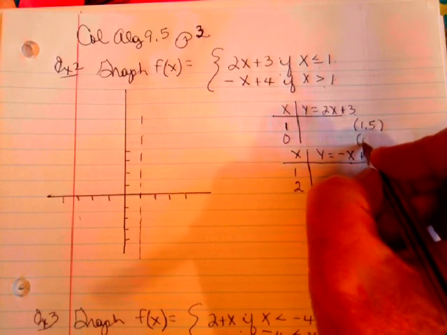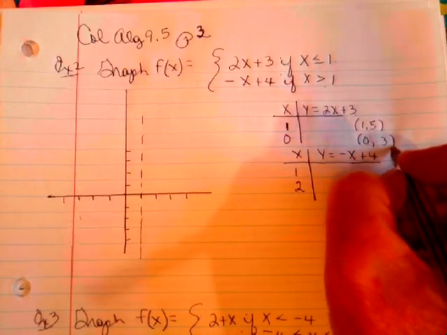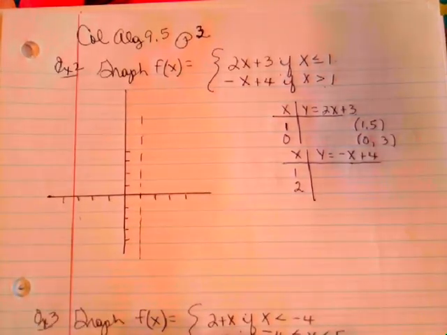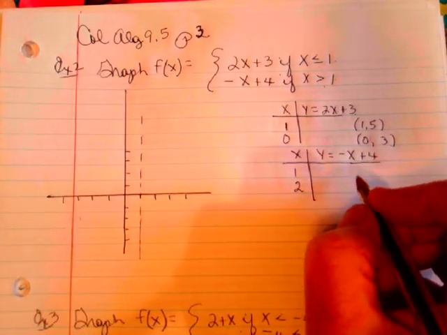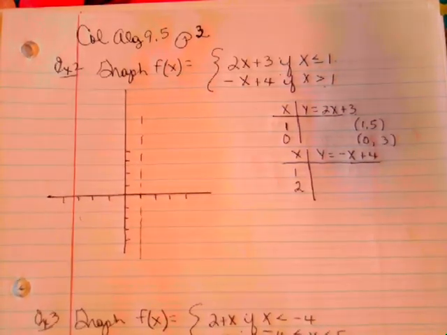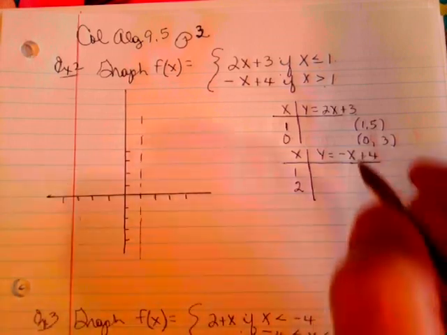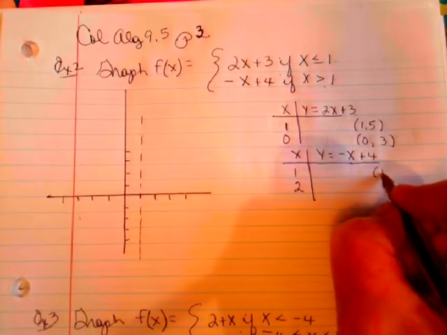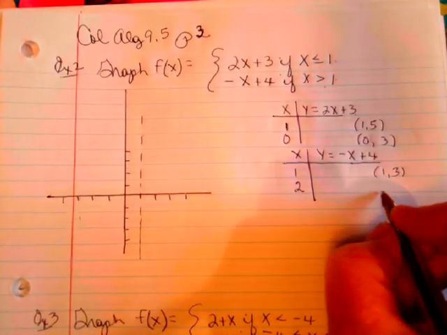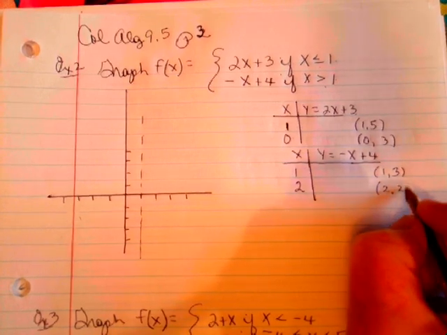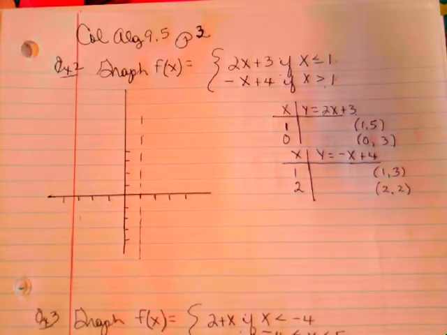When you plug 0 in there, you get 0, 3. For table 2, whenever you plug in 1, you get 1, 3, and then you get 2, 2. Graph these ordered pairs.